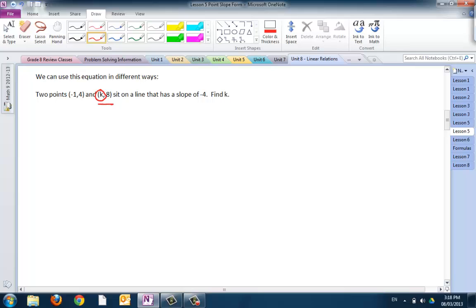So this says 2 points, -1 and 4, and k and 8 sit on a line that has a slope of -4. Find k. So I'm going to go back to y2 minus y1 over x2 minus x1, and that's equal to our slope. In this case, I am going to pick this pair to be my x2, y2, because it's the one that has the variable in it.